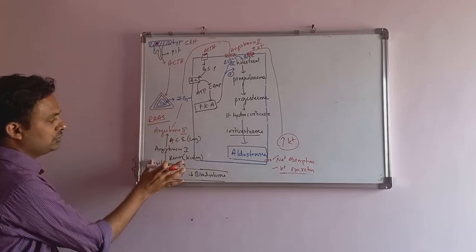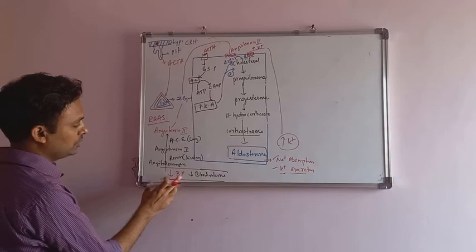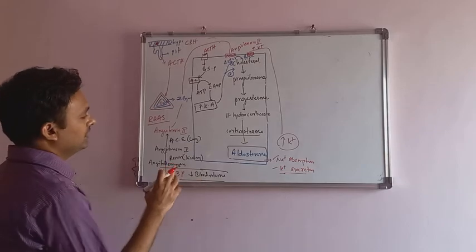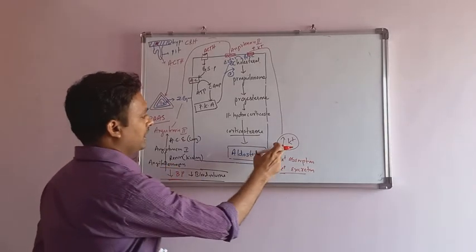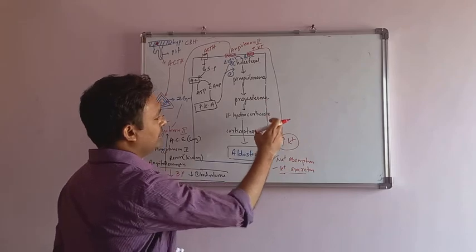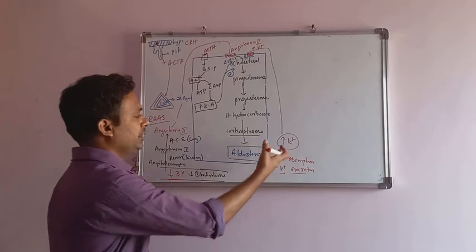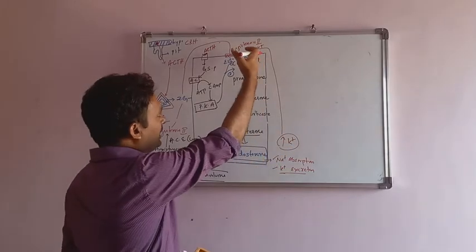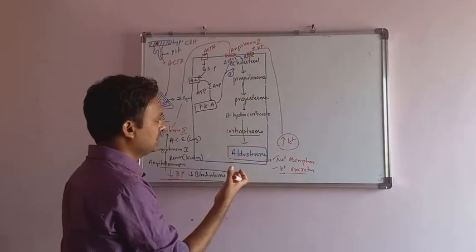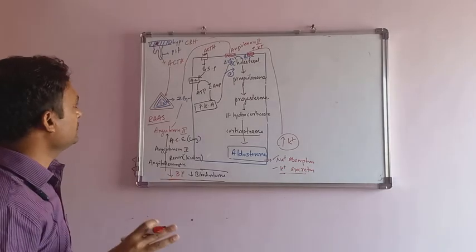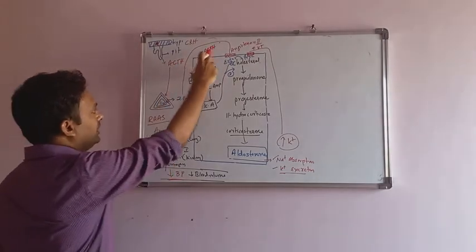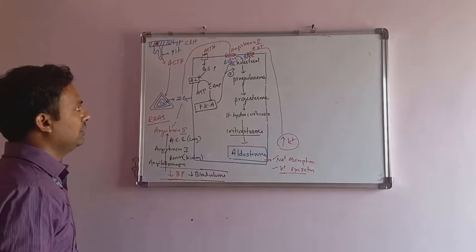This takes place whenever the BP and blood volume go down. The second strongest stimulus is when the potassium level is more in the body, like tissue injuries and post-operation conditions. And the third and weakest stimulation is ACTH induced stimulation of aldosterone.